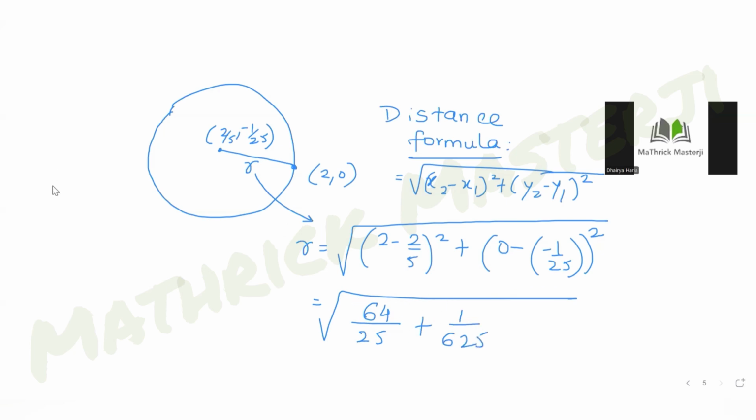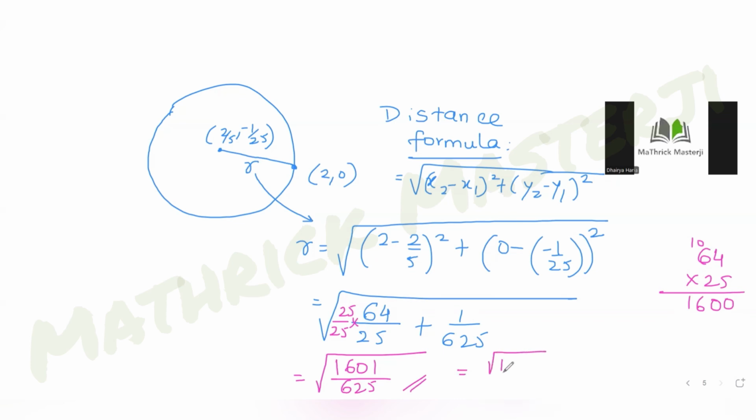Now if I want to make the denominators same, I'll multiply by 25. So that gives the square root of 625 in the denominator. 64 times 25 is 1600, plus 1, so 1601. So that gives me the square root of 1601 divided by 25. So we get the radius of the circle.